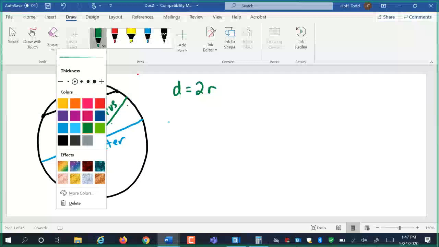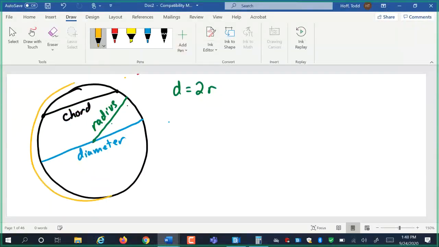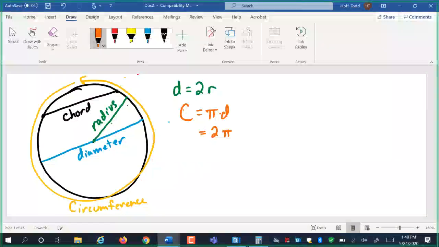We talked about the circumference being the distance around. And that circumference is found as pi times the diameter, or 2 times pi times radius, because 2 times radius is equal to the diameter.